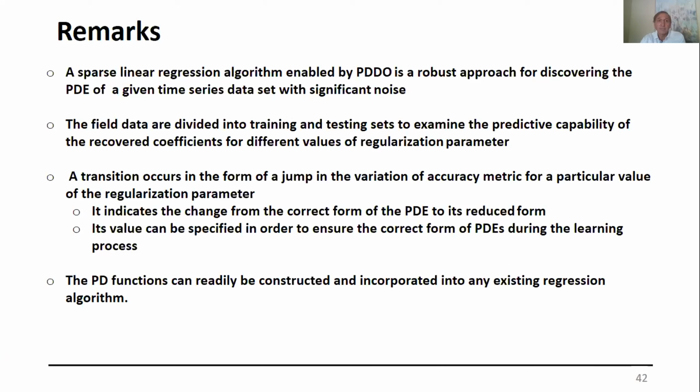And we split the data into a training set and a testing set to come up with the parsimony interval so that we have the correct value of the regularization parameter. And so that the transition in the relationship between the accuracy metric and regularization parameter is basically in the form of a jump, so you have a reduction in the order of the partial differential equations.